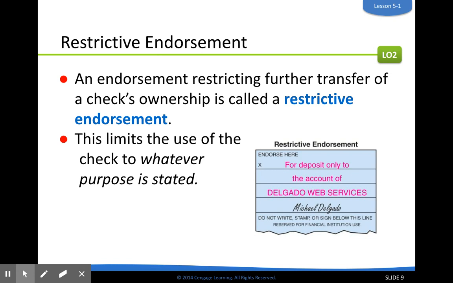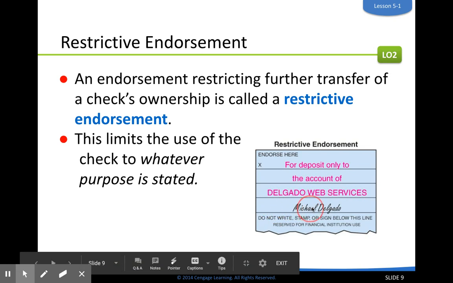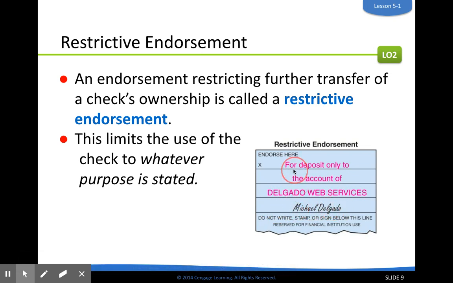That way, if anyone would find it, even if they did sign Michael Delgado, the owner's name, it could still only be deposited into that account. So it's not really good to anybody as soon as this stamp is on there. It's restricted for deposit only to that account. So that is a very common endorsement.